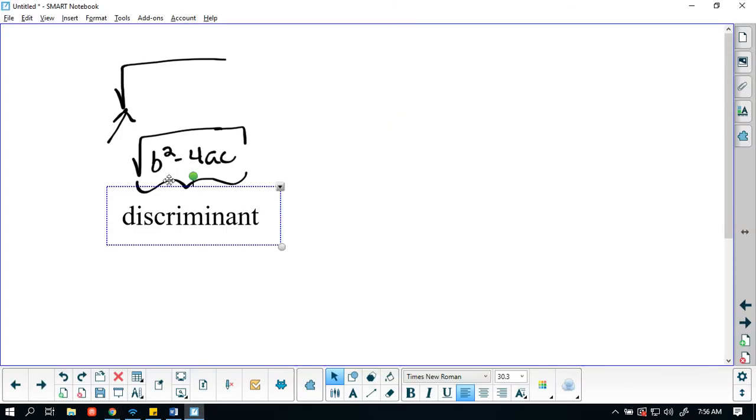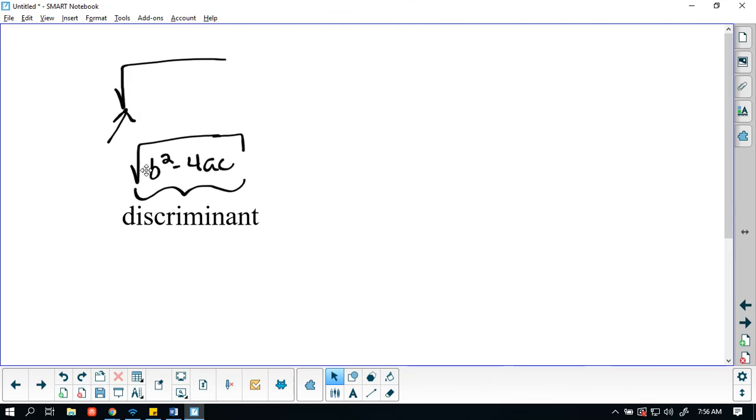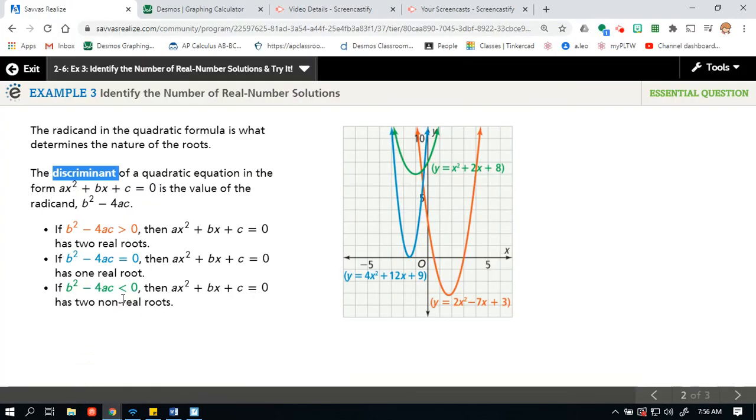So again, we're looking at what's happening inside this square root, inside the radicand. And when that discriminant is less than 0, when we have a negative inside that square root, you're going to have 2 non-real or 2 complex roots.